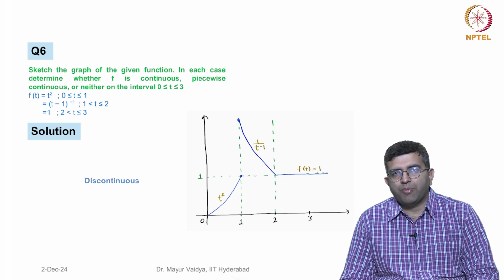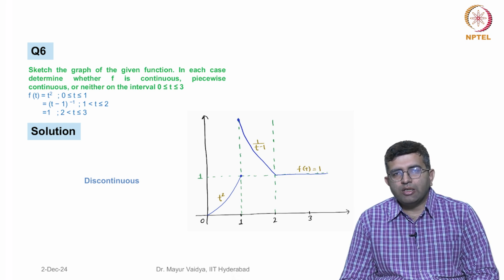So there is a jump here. At values slightly greater than 1, it goes to infinity. Then when t is equal to 2, it again is equal to 1. So there is a decrease in this function, and then between 2 to 3, it is a constant 1.